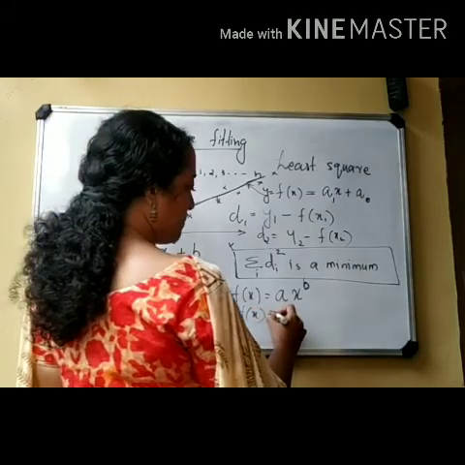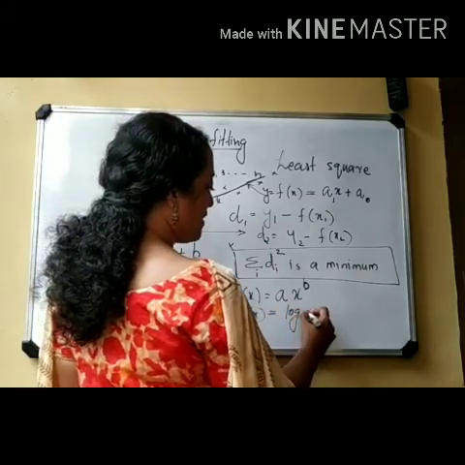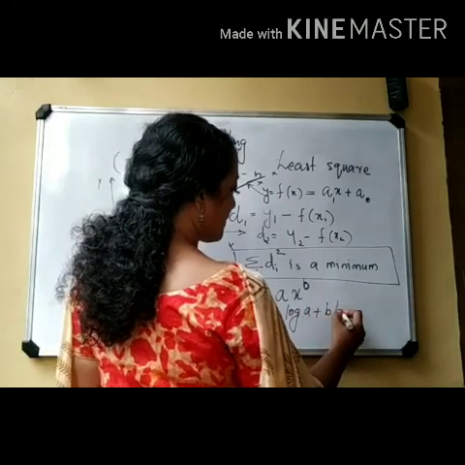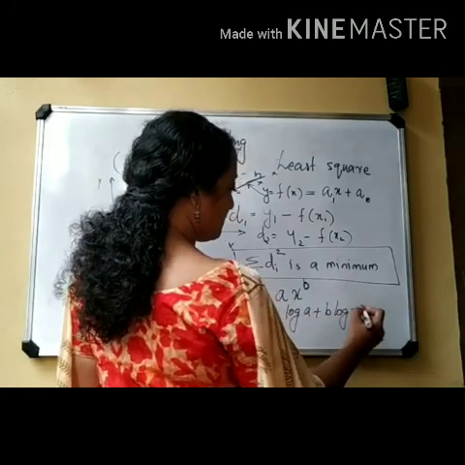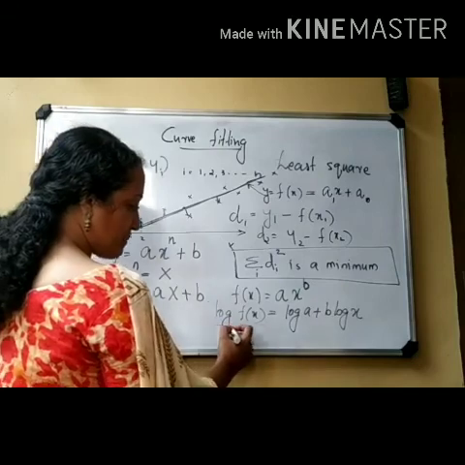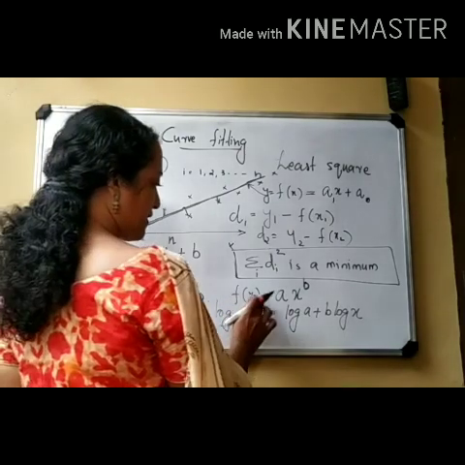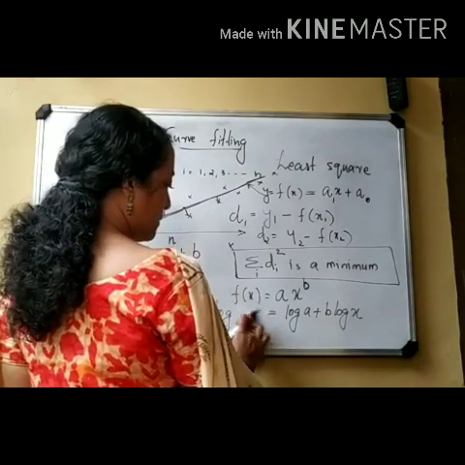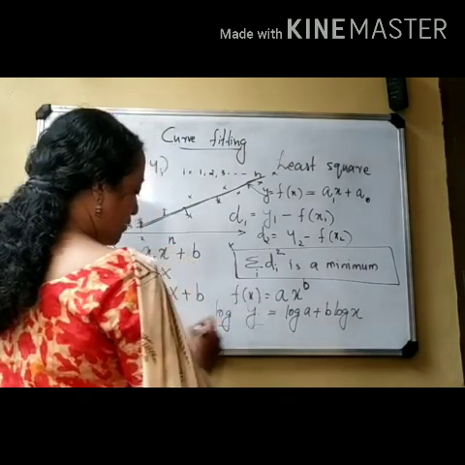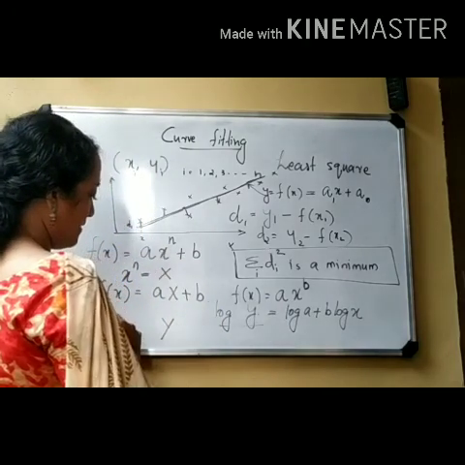Log f of x will be equal to log a plus b log x. Now we can substitute: log f of x is actually y, so this may be written as log y, so log y can be taken as y.